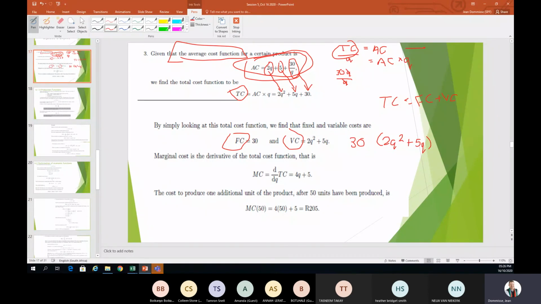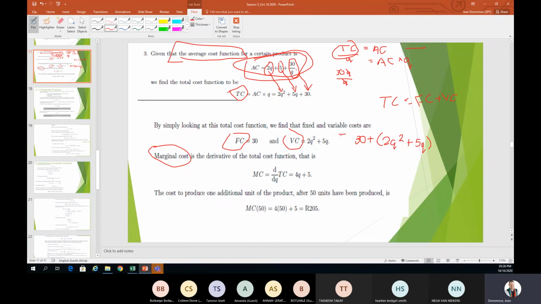Okay, so if I ask us to work out marginal cost, we would differentiate that. But remember, wait, what did I do here? So it is fixed cost plus.